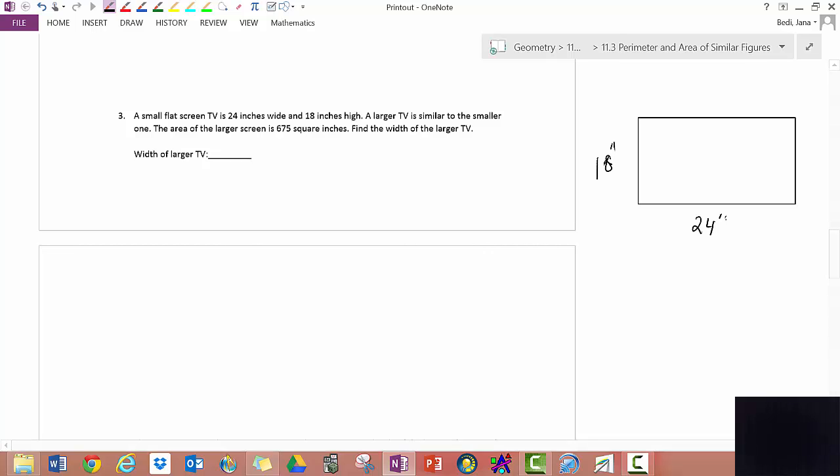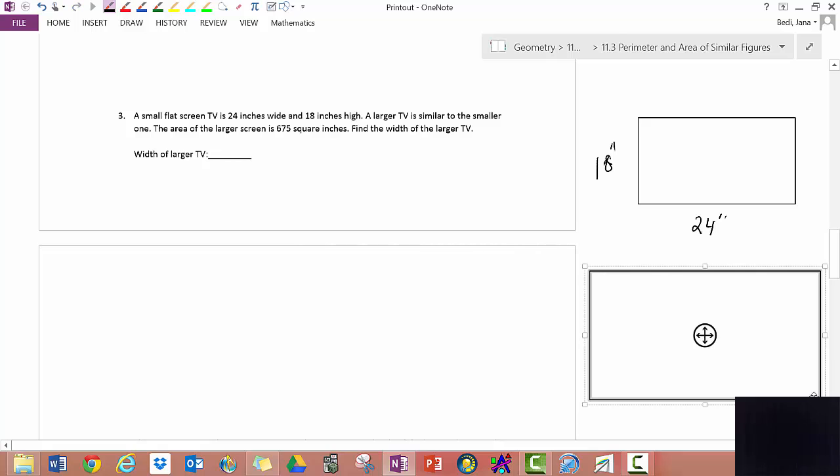The area of the larger screen is 675. So you have a larger one. So let's look at this one. Okay, so the area, and these two are similar.